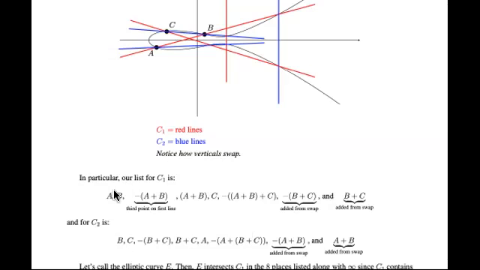So right now we know that the cubic for C1 and the cubic for C2 share 7 of the same things in these lists, but they also share the point of infinity, which means that they both intersect in exactly 8 locations. So C1 and C2 intersect themselves in 8 locations. They intersect the elliptic curve, each one of them individually, in 9 locations.